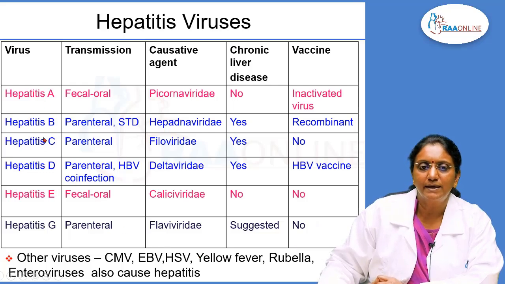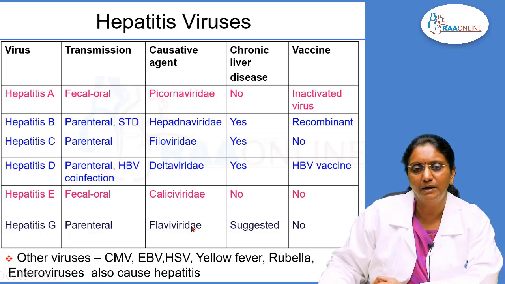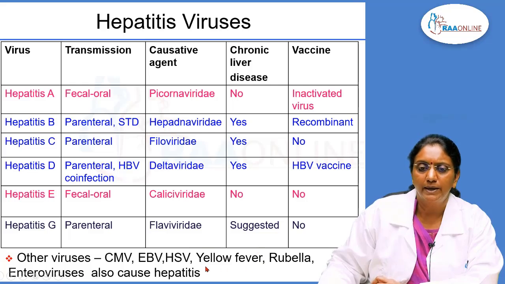In addition to these hepatitis viruses, which belong to different families but cause the same clinical illness, there are other viruses which can also affect the liver and cause hepatitis. Among them, the notable one is yellow fever virus, which we will be discussing separately.